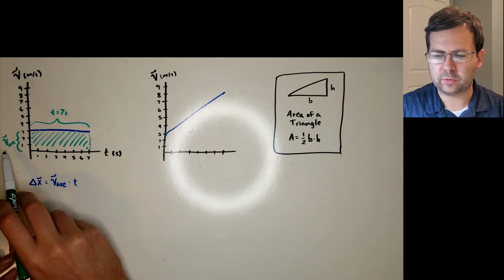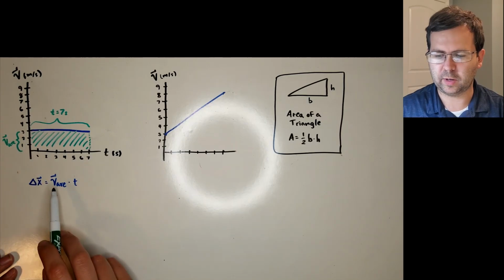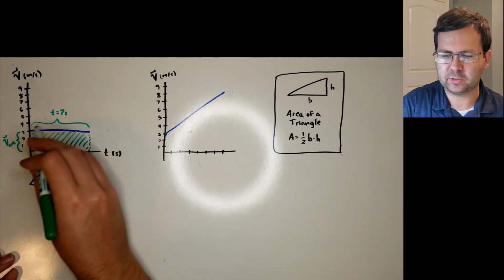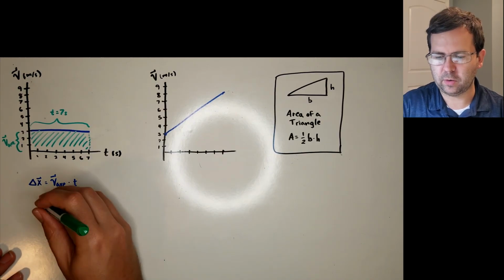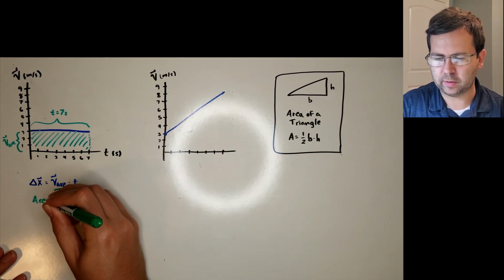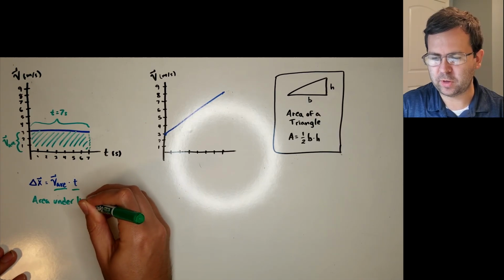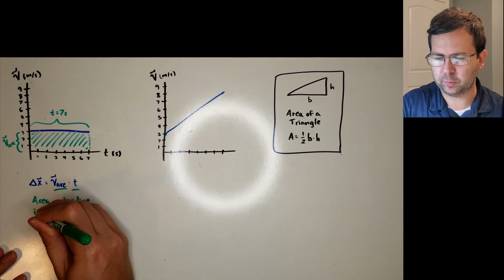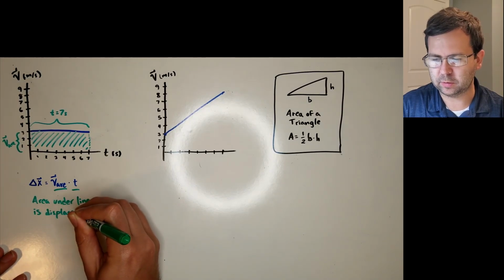And so to find the area of this rectangle, we take the length times width, that's velocity, times the time. And so what we discover is that the area under a line like this is equal to the displacement of the object.